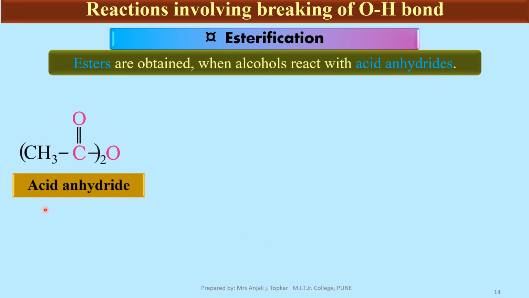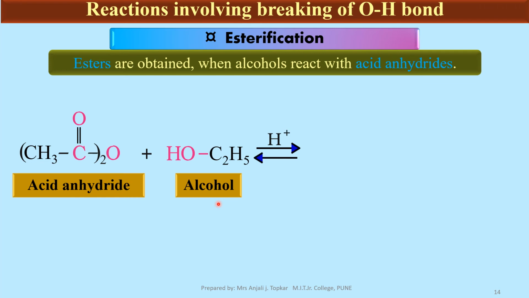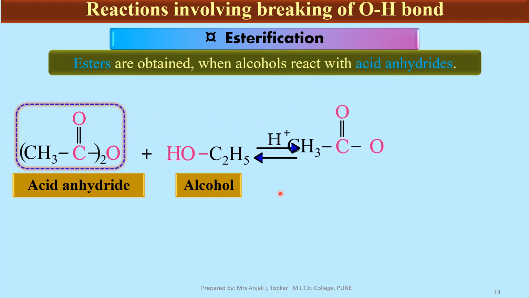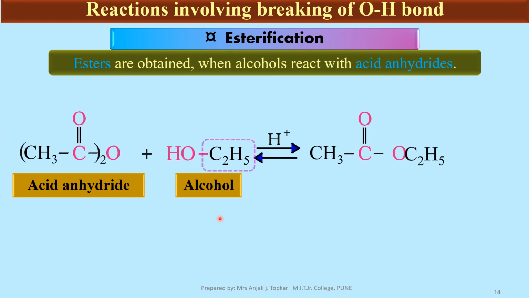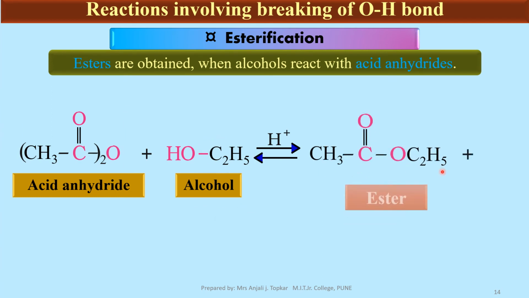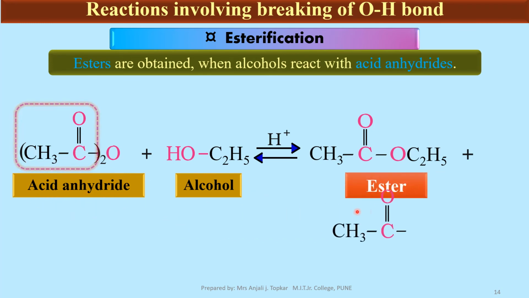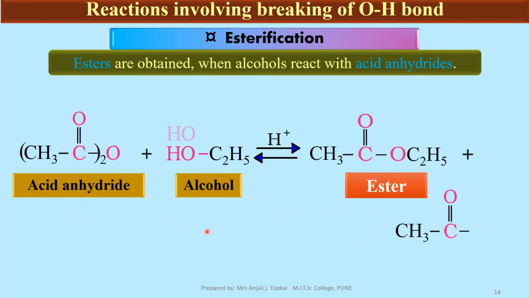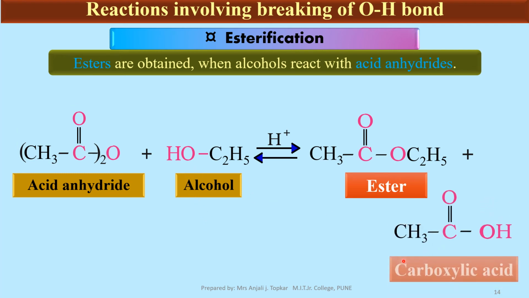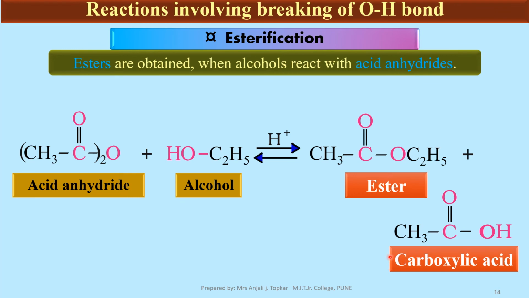This is acid anhydride. When it is treated with ethanol, that is alcohol, in the presence of concentrated sulfuric acid, it first forms ester, that is CH3COOC2H5, and the OH of alcohol joins here to form carboxylic acid, that is acetic acid.